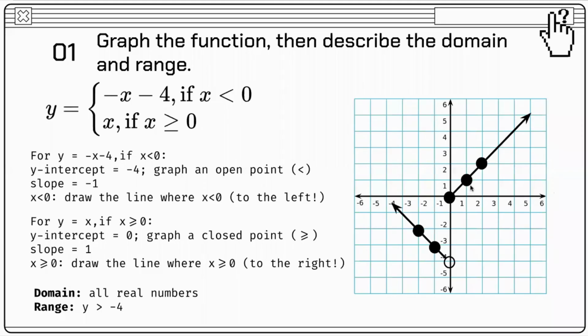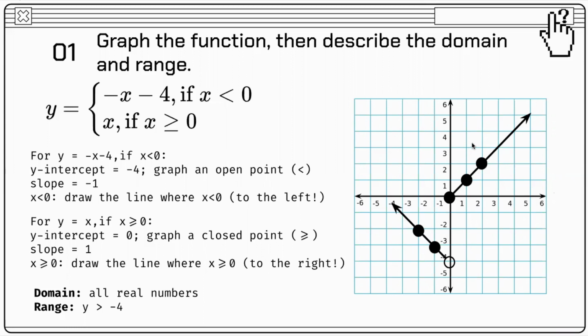For range, you're going to make an inequality, and remember range is the set of all your y values in a function. First thing you want to look for is that both of your lines are pointing in the same direction. So in this case, both of these lines are pointing upward.